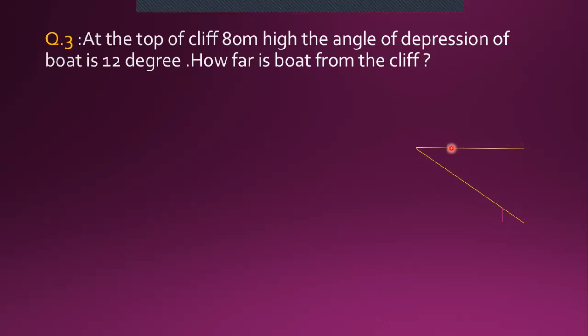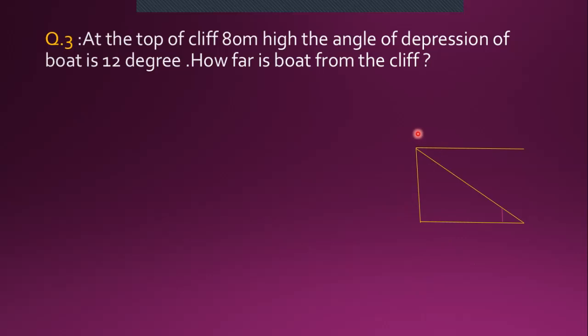Here we are above and the object is below, so there would be an angle of depression, but it is not easy to solve it in this way, so we will take another horizontal line, and we will complete the right angle triangle here. And this line is showing the height of the cliff.